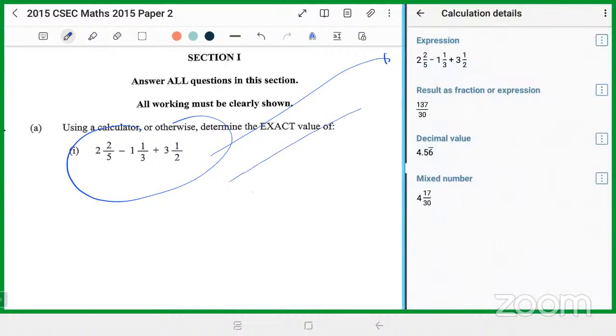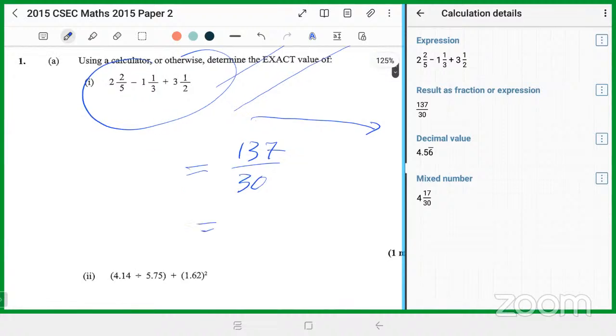We can write this as an exact value: 2 and 2/5 minus 1 and 1/3 plus 3 and 1/2 equals 137 over 30, or 4 and 17 over 30. And that's that. Nice and easy.